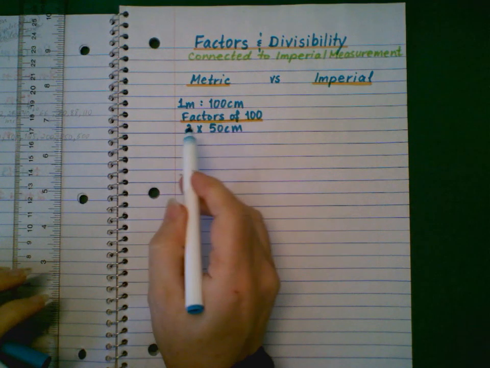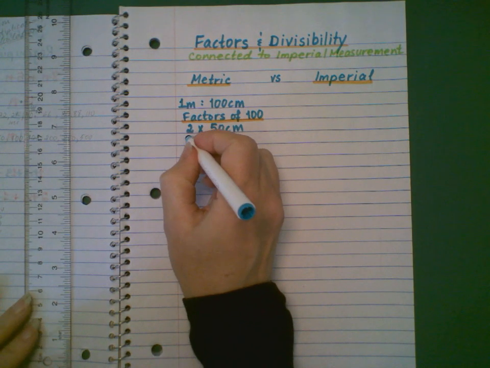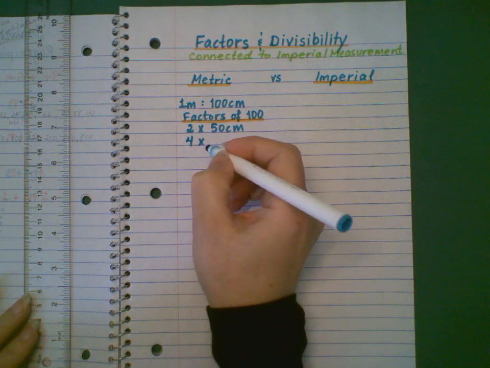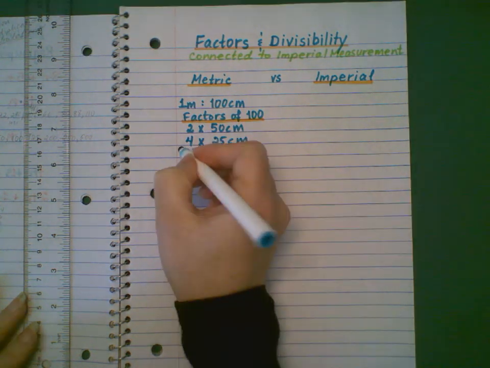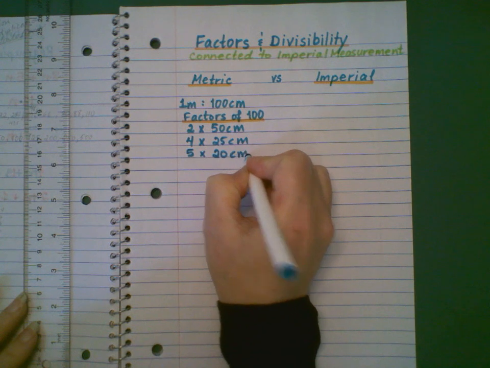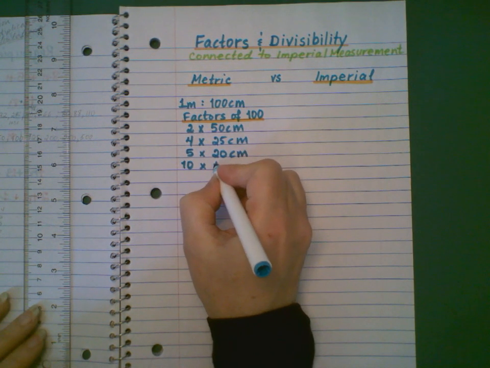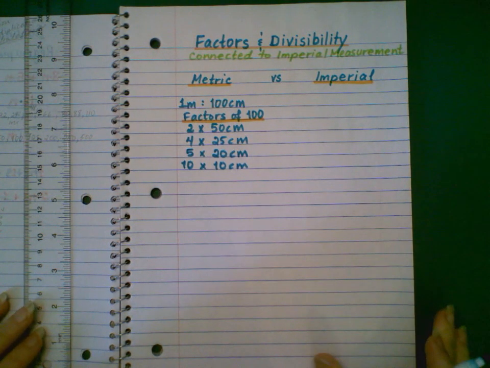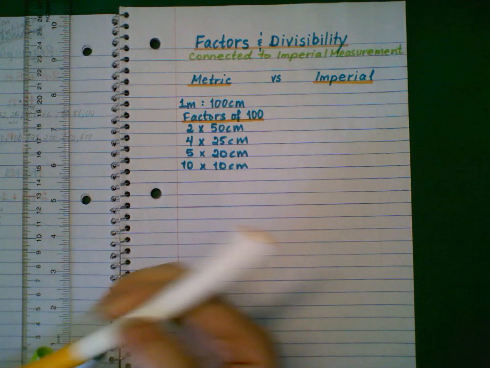So 100 can be divided into 2 groups of 50. It can also be divided into 4 groups of 25. It could be divided into 5 groups of 20 centimeters in length. And it could be divided into 10 groups of 10 centimeters in length. Those are all of the ways that a 100 centimeter length can be divided evenly into whole number portions.